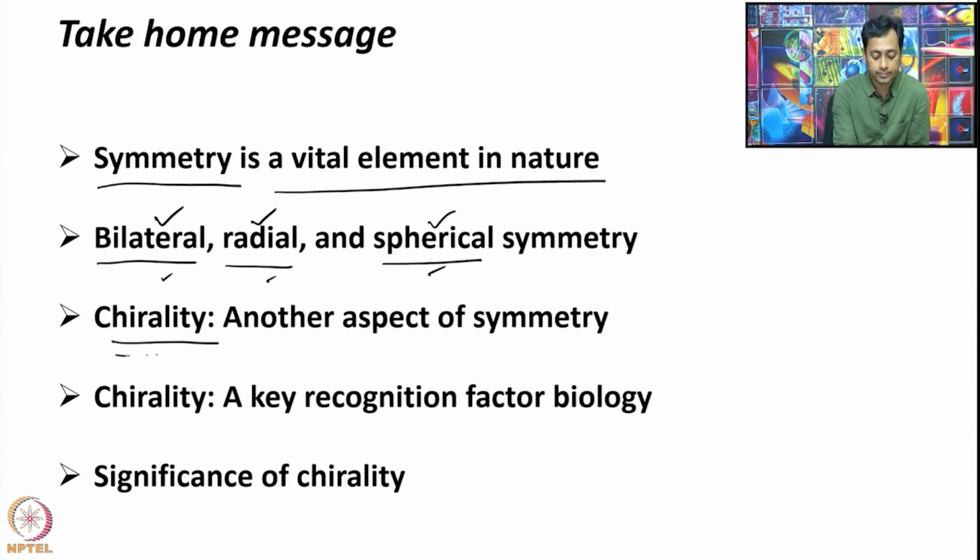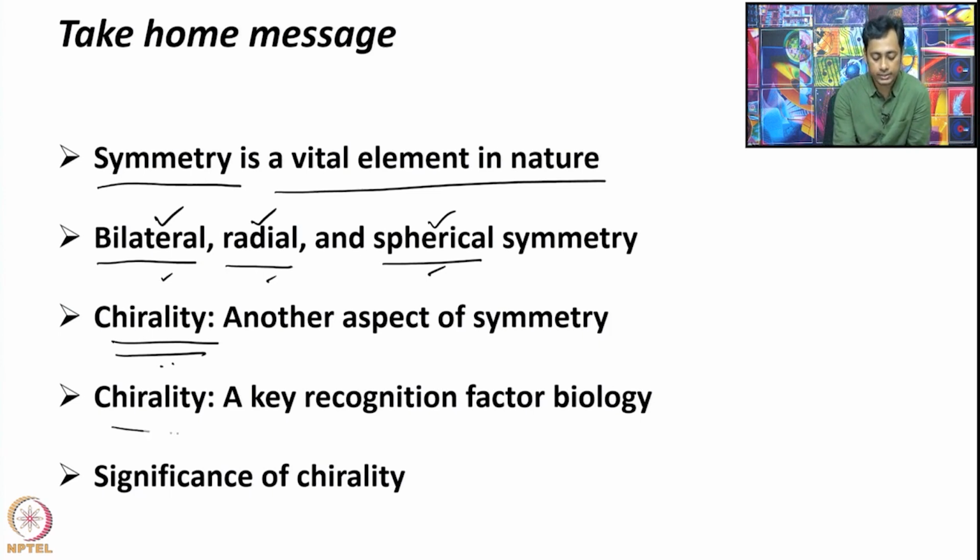We find chirality, one very important aspect of symmetry, where we have a mirror image of a system which is not really superimposable and indistinguishable from the original one. So that is known as chirality.